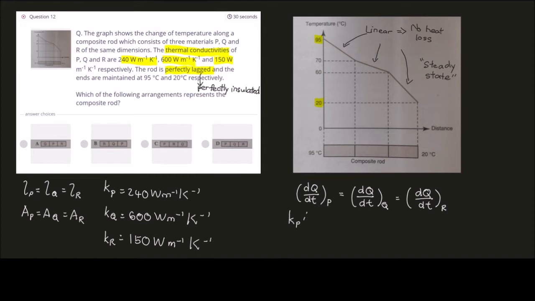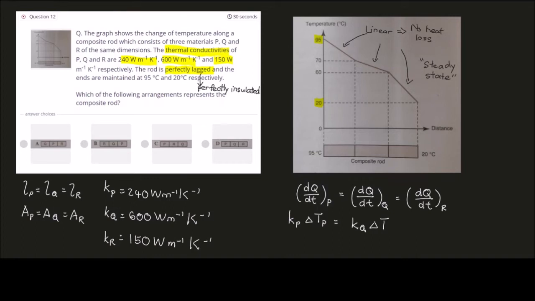So let's just do things a bit quicker. What's left here is just the difference in temperature of P, delta T_P. The same thing will be thermal conductivity of Q with the difference in temperature. Ouch, I'm saying change a lot. It's not change. Change means that over time it changes from one value to another value. This is not change. Nothing is being changed.